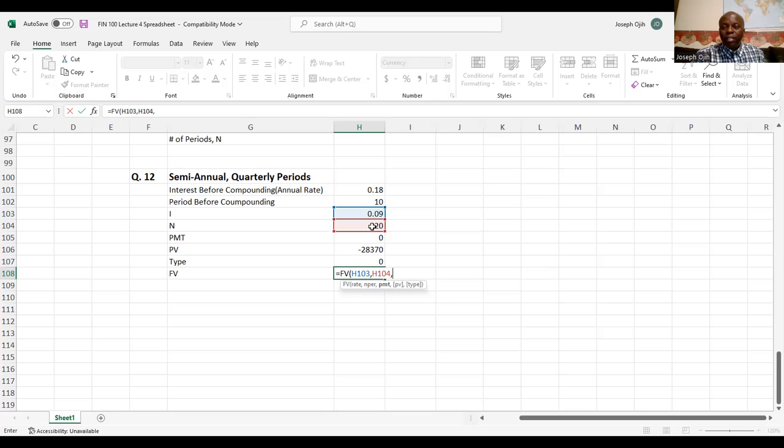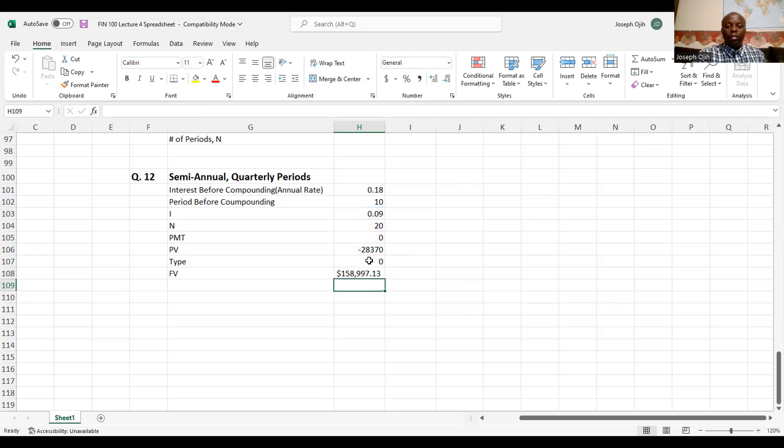Comma. Then the rest stay the same. Payment, no payment, comma. Present value, which is this one, comma. Type, at the end of the period, 0. Then close the parenthesis and click enter, and that gives you the answer.